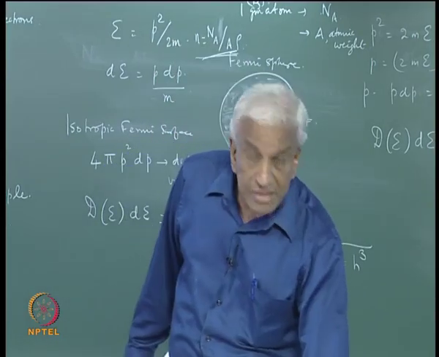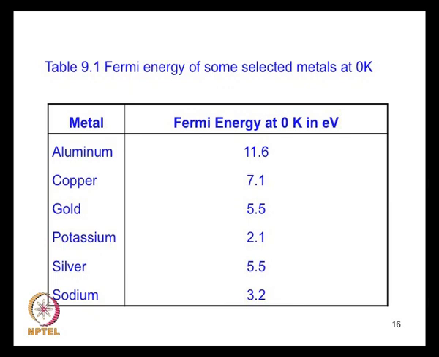So, the Fermi energy values calculated in this way are all shown in the table. The Fermi energy at 0 Kelvin, the values are given in electron volts, which is a convenient unit in atomic physics. This gives you the energy of an electron when it is accelerated through a potential of 1 volt.